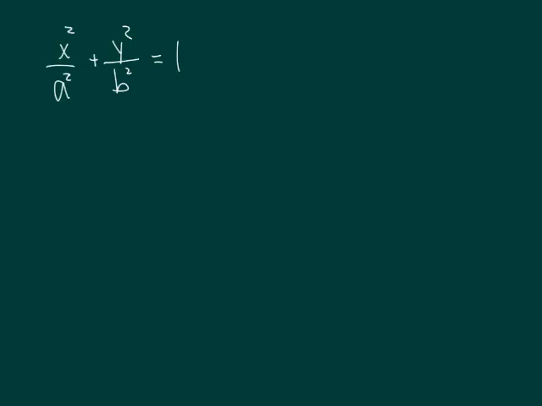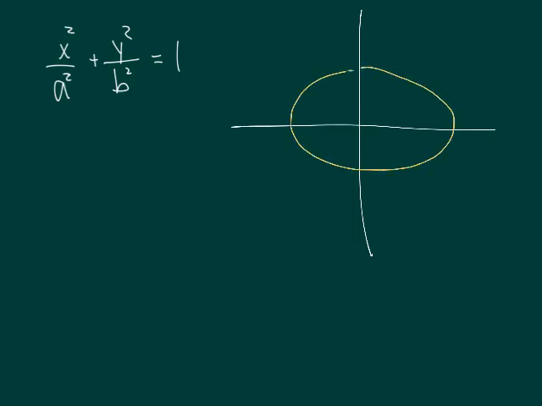So notice what they do. They put the longest axis on the x, or underneath x squared, which means my longest axis is going to be on the x-axis here. Okay, so the A is going with the x here. So therefore, my longest line is going to be on the x-axis. So it matches A long on the x-axis.